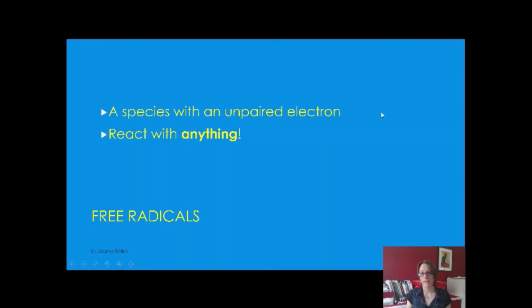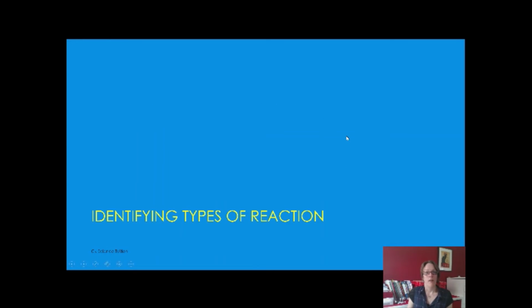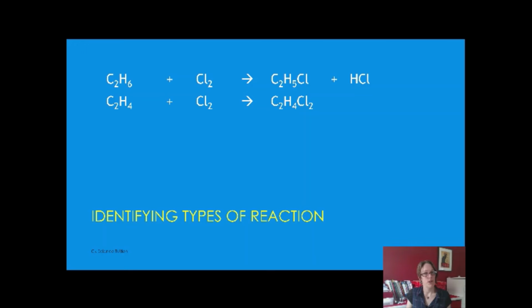It will just react. It will just form a bond. It's not accepting and it's not donating electrons. It's donating 1 electron and gaining 1. And so whatever it reacts with is going to leave behind an unpaired electron as well, unless it reacts with another radical.